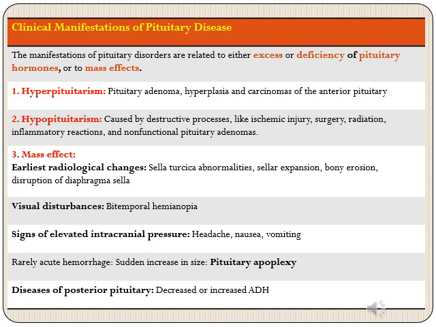So the earliest radiological change that we can see in pituitary, say hyperplasia or adenoma, is abnormalities of sella turcica where pituitary is located. So they can be sellar expansion, they can be bony erosion, and they can be disruption of diaphragma sellae.